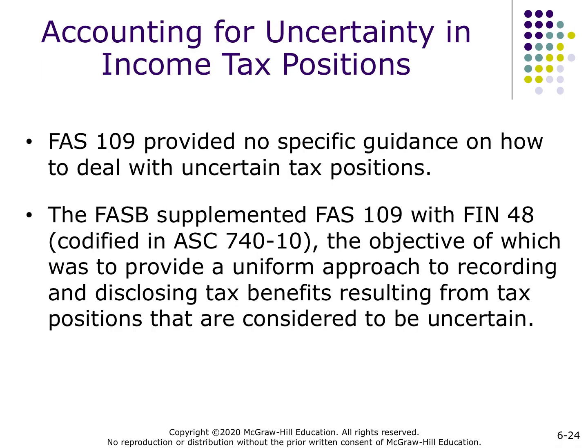All right, so this slide gives us a little bit of history. We used to deal with FAS 109, and that was discussing book to tax differences and how to deal with uncertain tax positions. And then it had to be augmented with FIN 48 in order to get us to this point where we had a valuation allowance requirement.